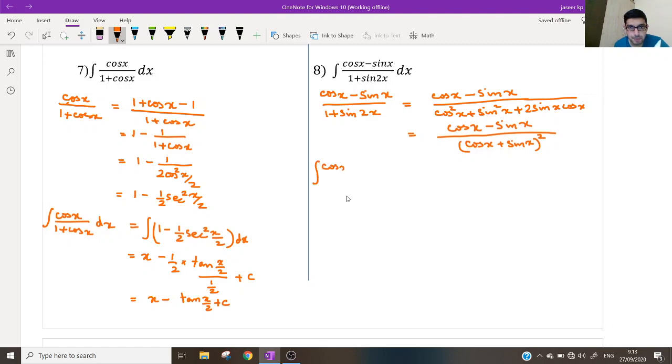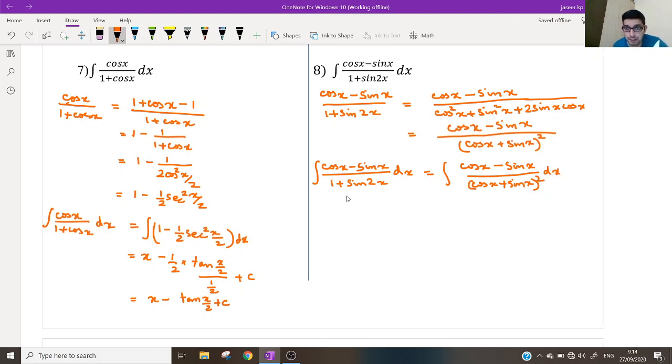So the integral of cos x minus sin x divided by 1 plus sin 2x dx will be cos x minus sin x divided by cos x plus sin x the whole square dx.